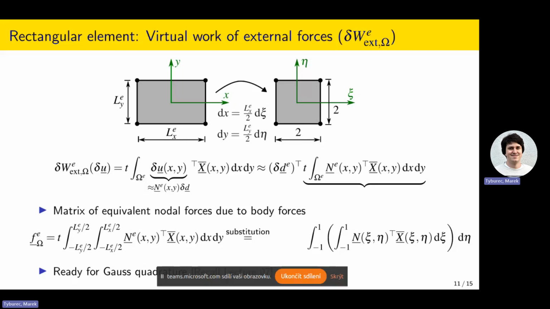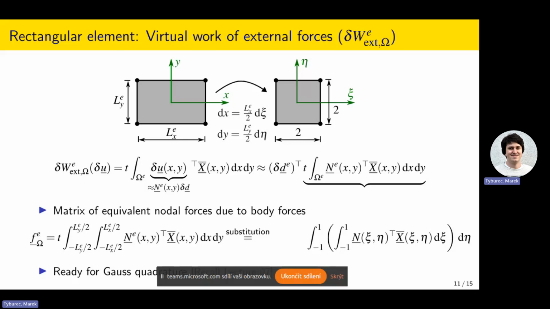But as we already heard, it's convenient to use a different coordinate system, a substitution into this psi and eta system. So we do the substitution. I have the result, so I will just write it.